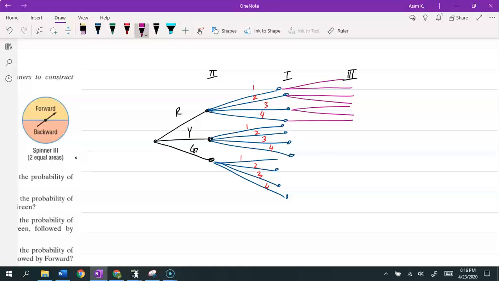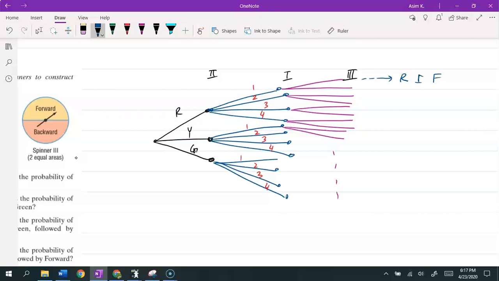And you're getting how we're doing this, right? Every single time. So like this, you continue that, and you come up with these combinations. You come up with that first combination. What's that first combination going to be? It's going to be a red followed by the number 1 followed by a forward, right?